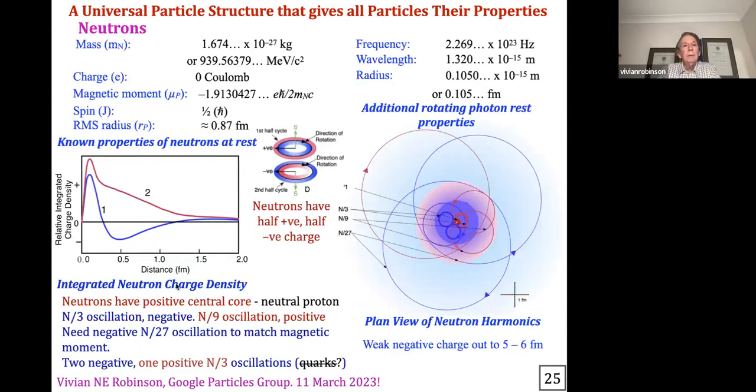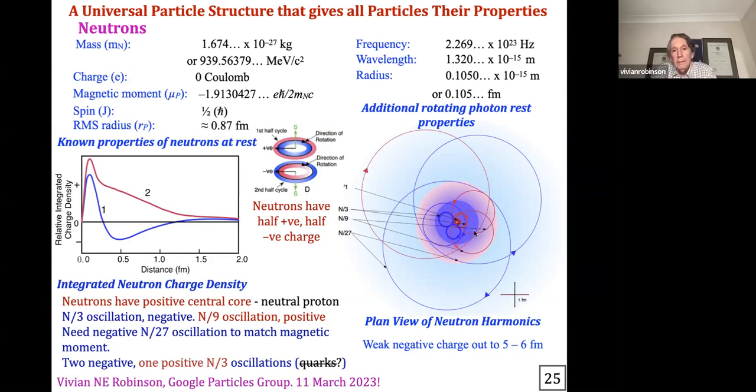If we come to neutrons, again, the same sort of properties you're already familiar with. Think about it, it's zero charge, but it has a negative magnetic moment. And the properties of the rotating photon are pretty much the same as that of a proton. This shows the charge distribution of the neutron. It starts out positive, which I'll show here is the positive core.